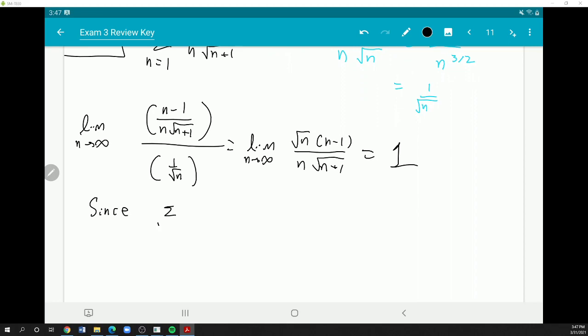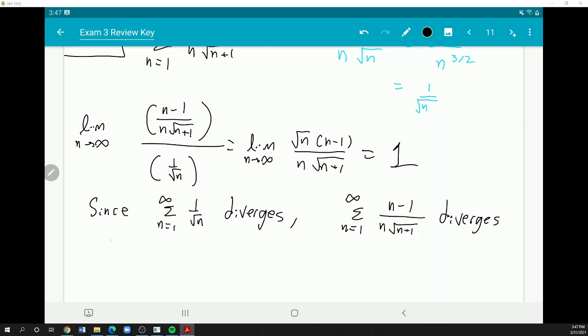Since the sum from n equals 1 to infinity of 1 over root n diverges by the p-series test, the sum from n equals 1 to infinity of this new thing, n minus 1 over n root n plus 1, also diverges by the limit comparison test.